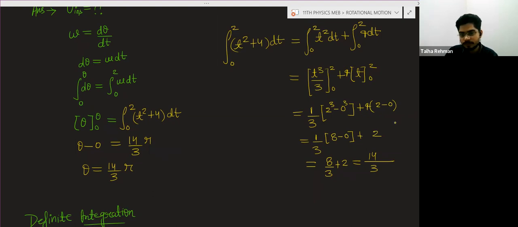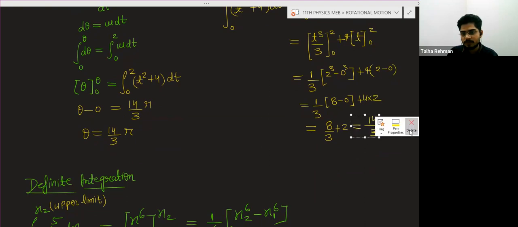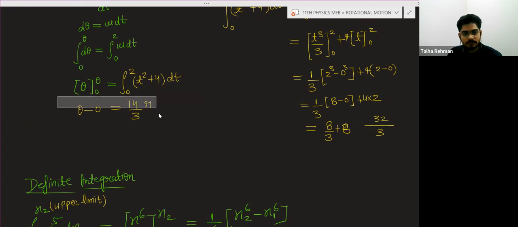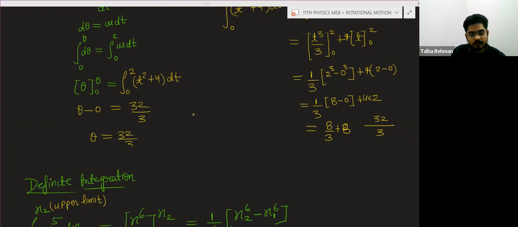Here you will write 8. So 32 by 3 it will become. So theta is 32 by 3 radian.